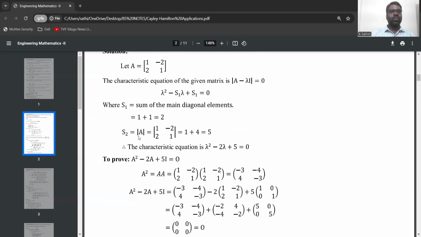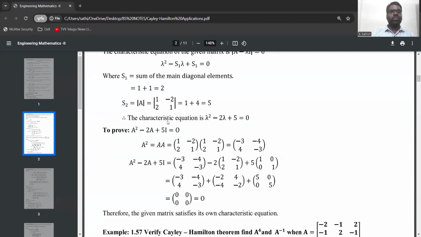S2 is the determinant of 1, minus 2, 2, 1, which is 1 into 1 minus of minus 2 into 2, that is 4. So we are getting the determinant as 5. Therefore, the characteristic equation is lambda square minus 2 lambda, since S1 is 2, plus 5 equals 0.